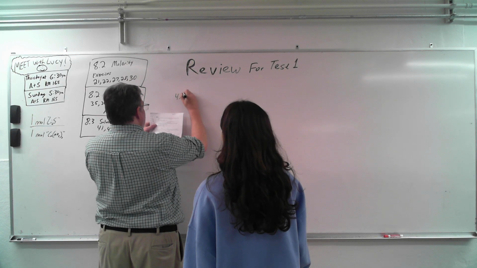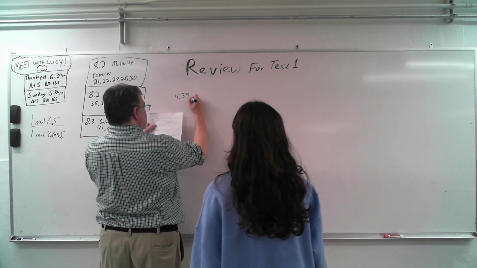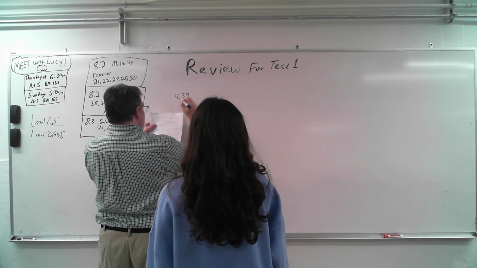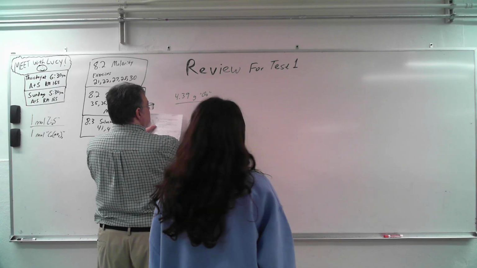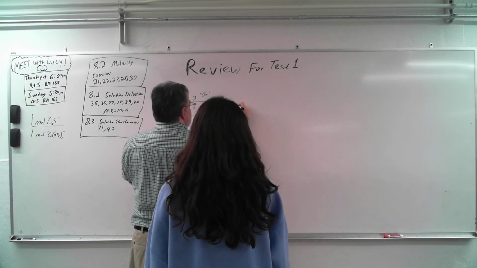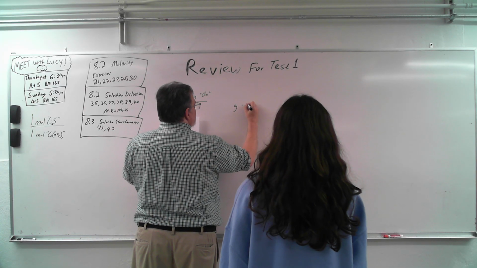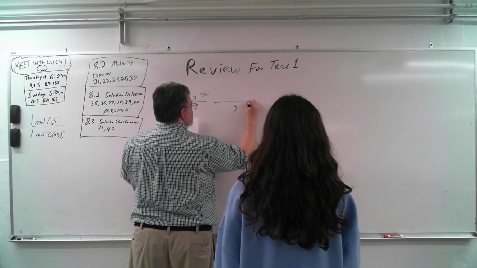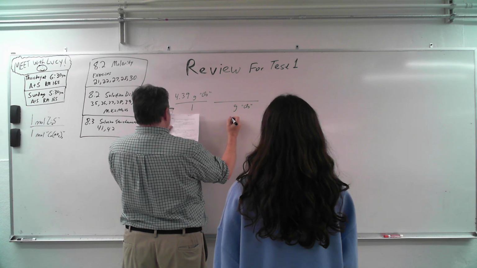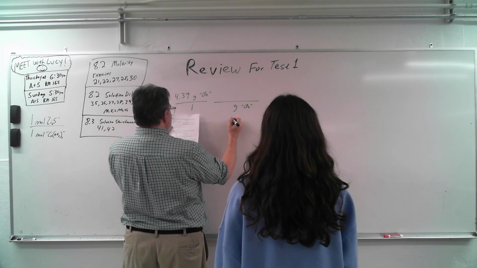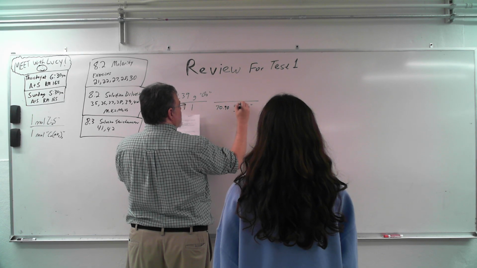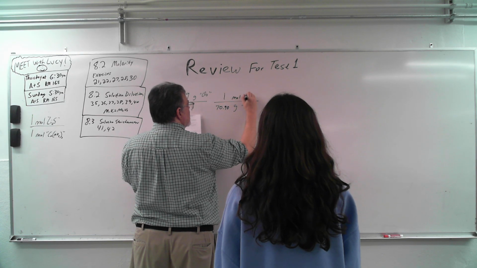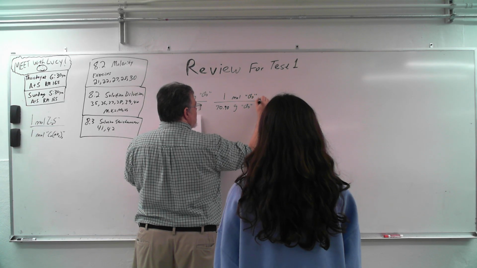So let's find the limiting reactant first. 4.39 grams of Cl2. And then you need grams per mole first. Grams per mole of Cl2, and that was 70.90.